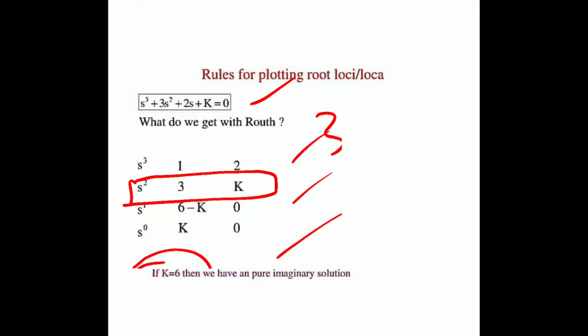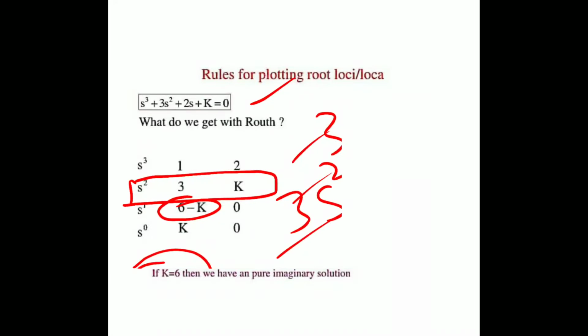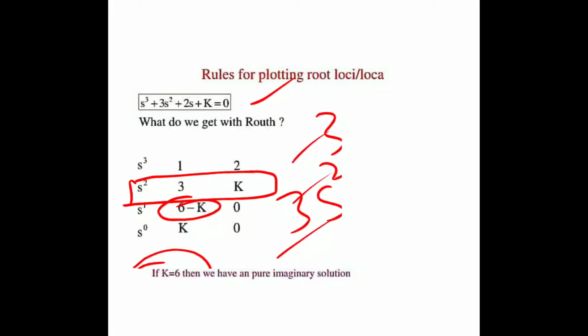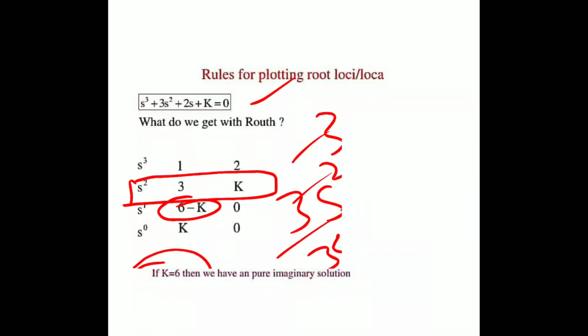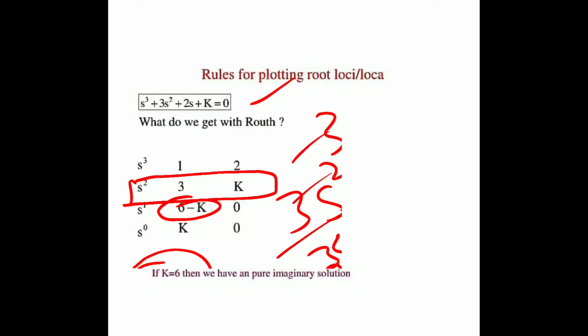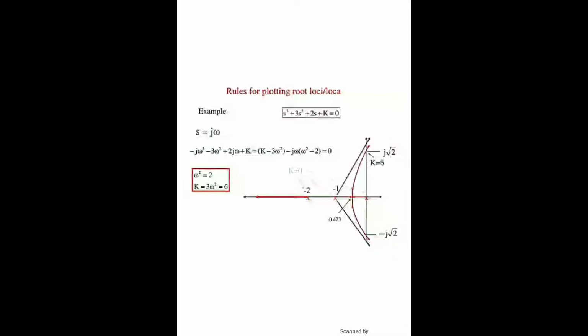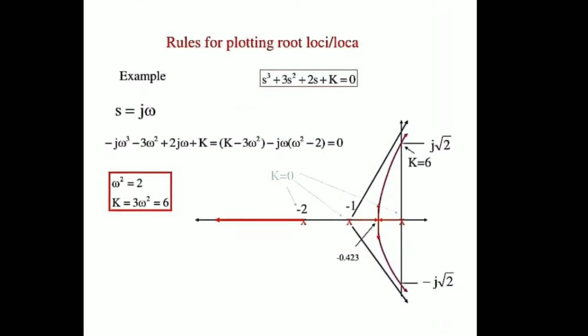So k is 6. How is k 6? 6 minus k equal to 0, that is the k marginal value. From the s raised to 1 row, put k equal to 6 in the equation. 3s square plus 6 equal to 0. 3s square is equal to minus 6. So s square is equal to minus 6 divided by 3, that is minus 2.